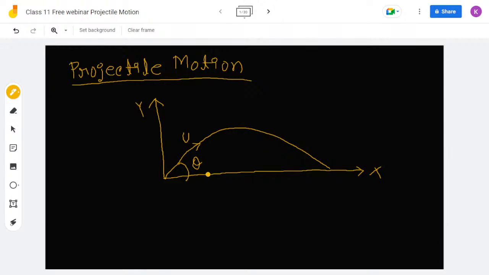Then the horizontal component or the component at x-axis is u cos theta, and the vertical component or the component in the direction of y-axis is u sin theta.